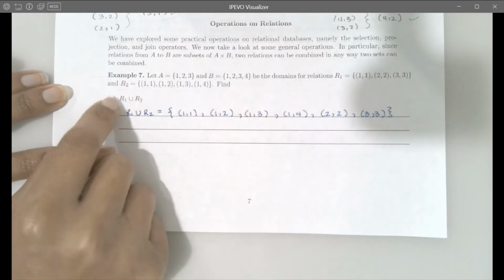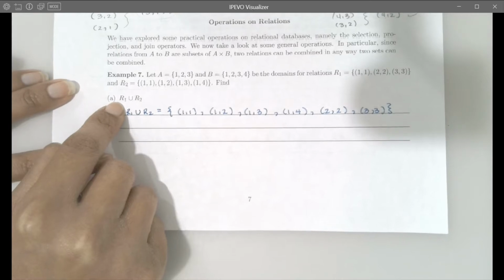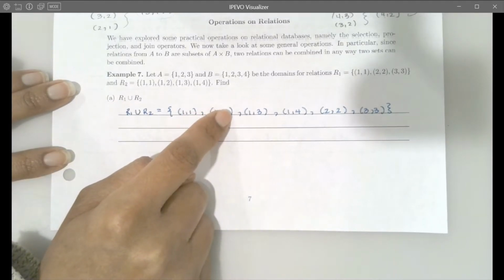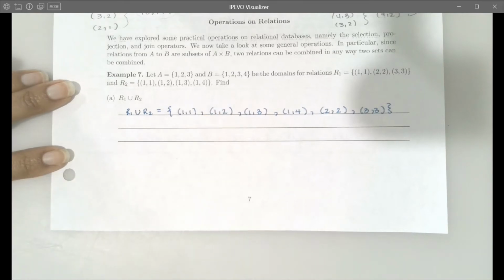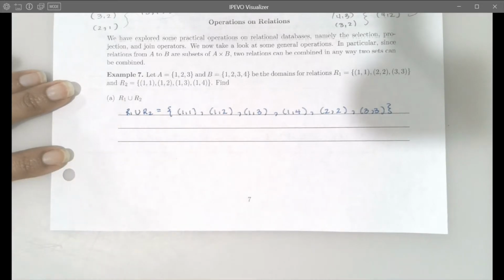And notice, even though they give the order as R1 union R2, I started listing the elements of R2 first, and it doesn't affect the result. In a set, the order doesn't matter, so we can start by listing elements of R2 first, or R1, or maybe have them mixed up, and it's not going to affect the correctness of our answer.